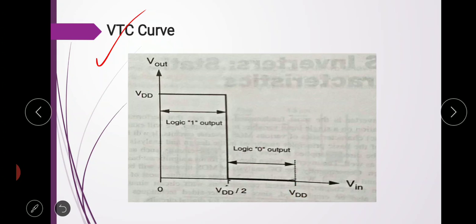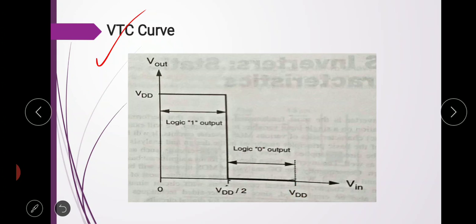The VTC indicates that for low input voltage, the circuit output is high. For high input voltage, the output decreases towards 0 volt. And this is the ideal VTC curve of an ideal inverter.